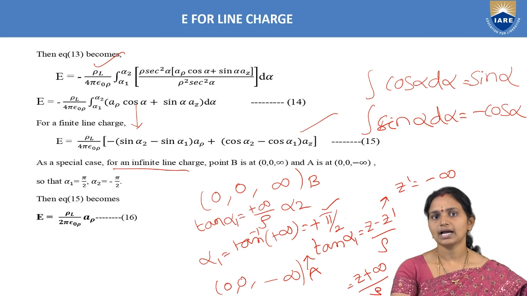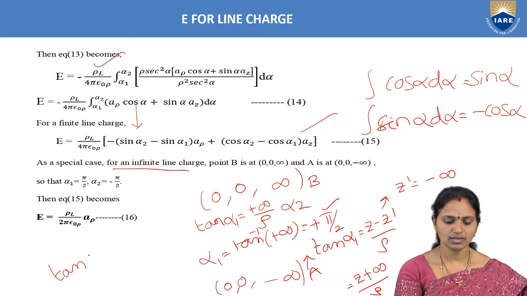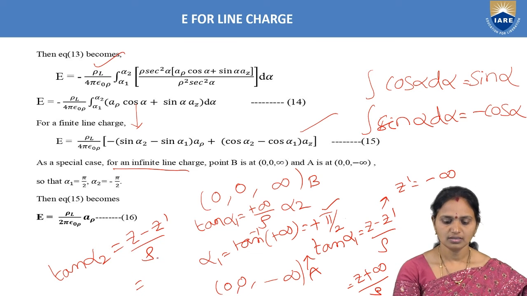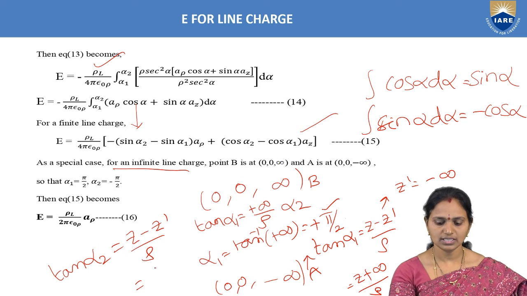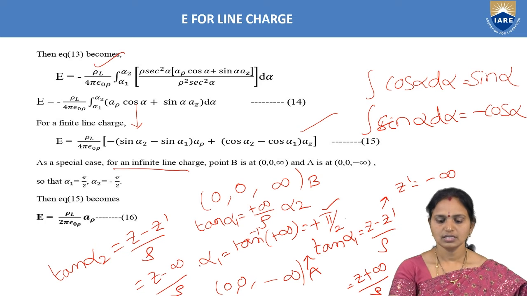Similarly, the angle corresponding to point B: tan alpha 2 equals z minus z dash divided by rho. Now z dash is shifted to the infinite point. So it is z minus infinite divided by rho, which is minus infinite.